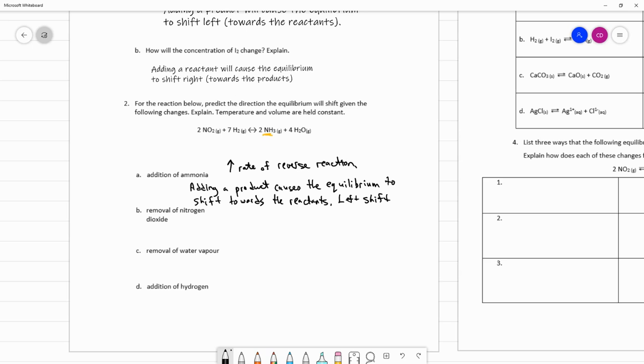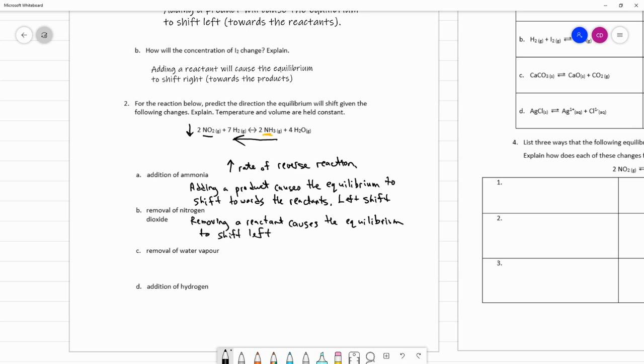The removal of nitrogen dioxide. So nitrogen dioxide is a reactant. So removing reactant causes the equilibrium to shift left. So remember, we're counteracting what the disturbance has been. So if we have decreased that concentration, the reaction will shift to make more of it.